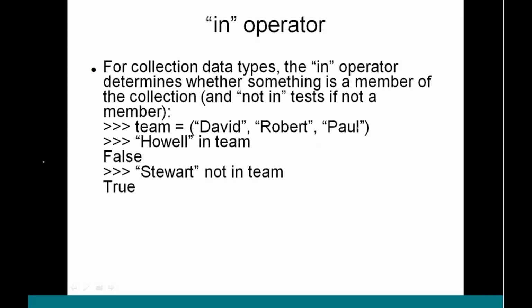Here is an example: team we define as 3 people, and then we ask whether Howell is in the team, and it says false. And then Stuart not in team, so the keywords are here basically. Then it becomes true.